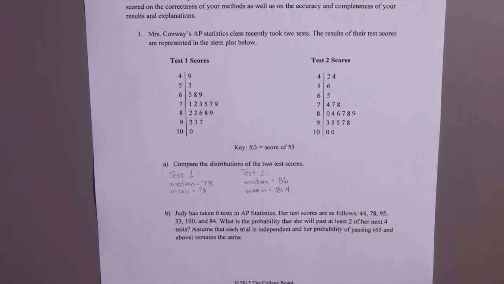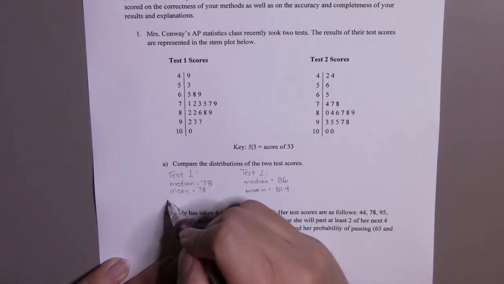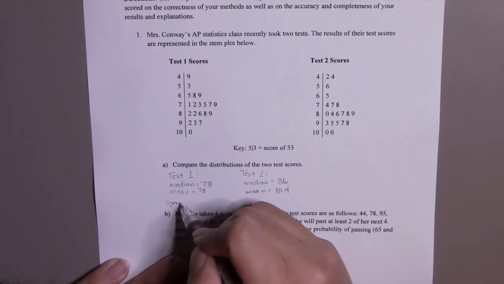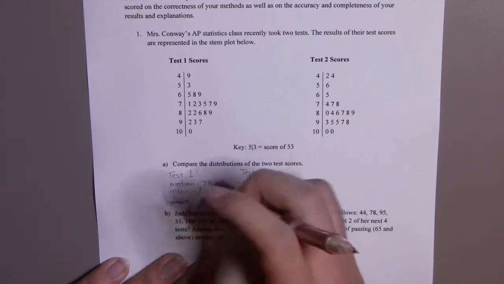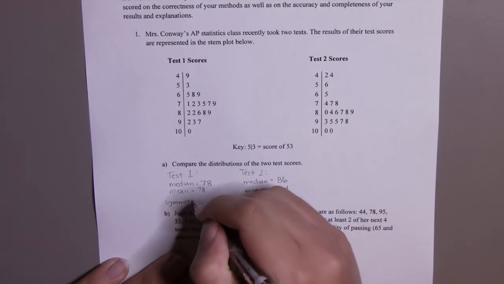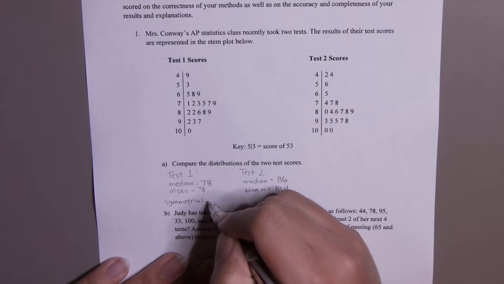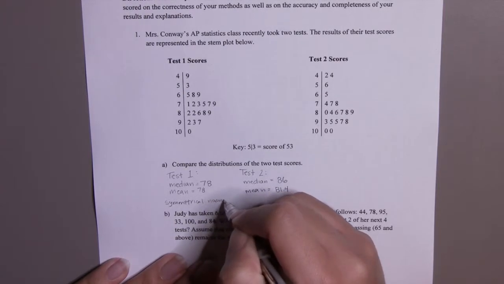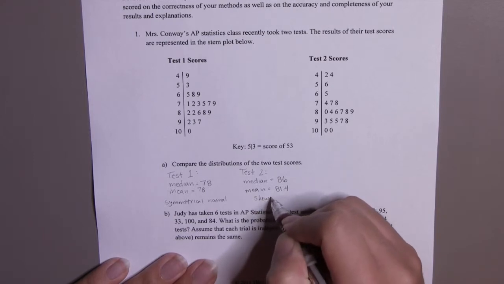So when you look at this data, you can tell that test 1 is a symmetrical normal distribution, while test 2 is slightly skewed left.